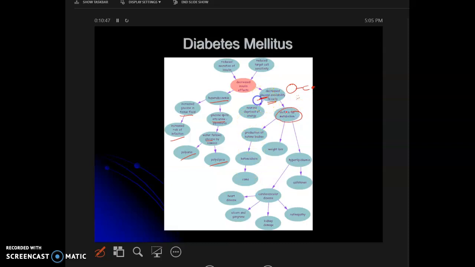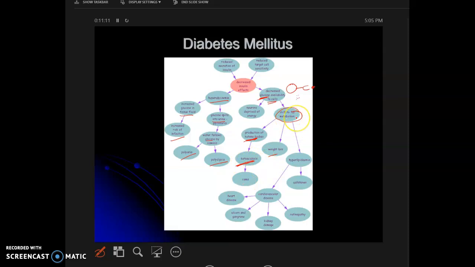Because now there's less glucose, so something has to replace the glucose to produce ATP. Well, what's the next thing that the body can use? Fat. So if there is a shift to fat metabolism, you'll have weight loss. Definitely you'll have high ketone bodies, and that's why you'll end up with acidosis, ketoacidosis, and coma.